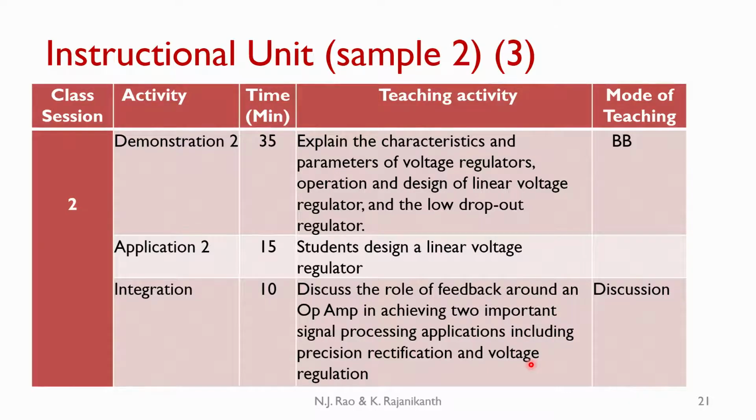These 2 are achieved by using an operational amplifier, and we are achieving that mainly using feedback. So understanding the role of feedback is absolutely necessary for the student with regard to analog circuits and systems, and that is where, in the integration, we go through the process of discussing the role of feedback.